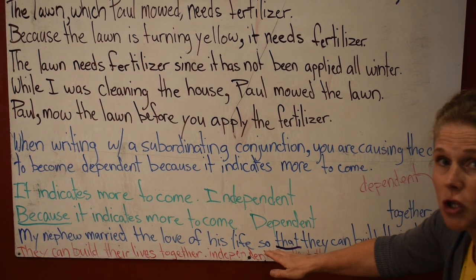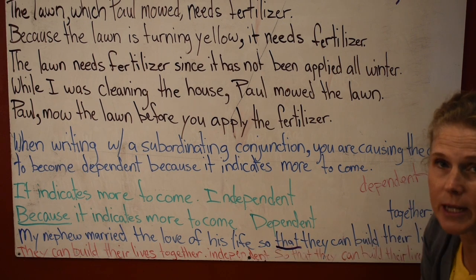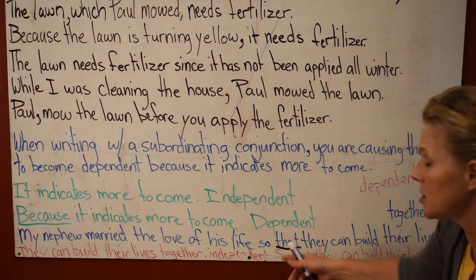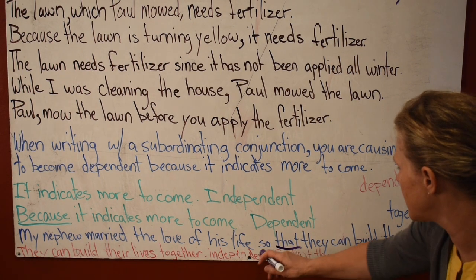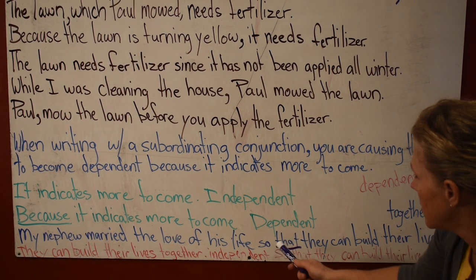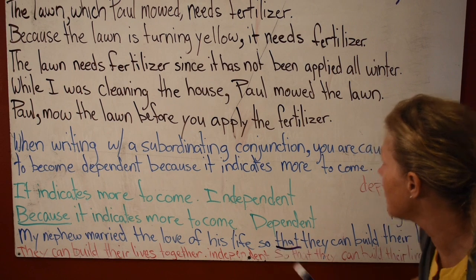Sometimes so can also be a subordinating conjunction. It could be a coordinating conjunction or a subordinating conjunction, depending on how you're using it. So look at this, that right here. We do not have a comma. It's because it's independent clause with dependent clause.